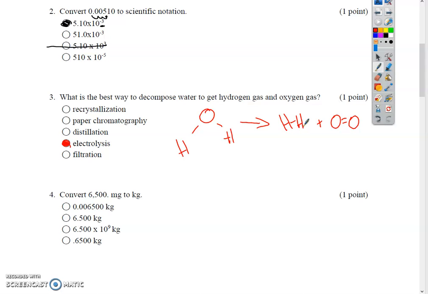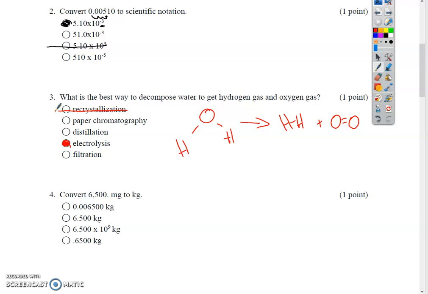Paper chromatography is a way of breaking apart a mixture into its constituent parts. There's different types of chromatography. There's paper chromatography, there's gas chromatography, and liquid chromatography. A lot of times they're used for analytical methods.